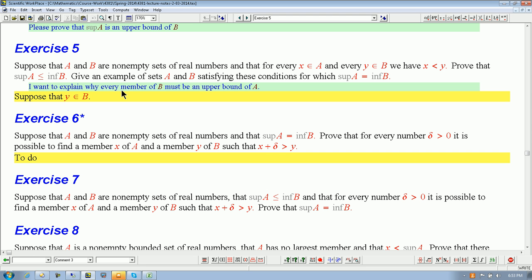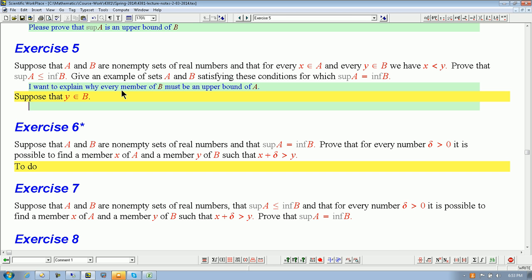Okay? Now, wait a minute. I'm going to think aloud. My task, if you like, is to explain why we must have x less than or equal to y for every x in A. Isn't that right?